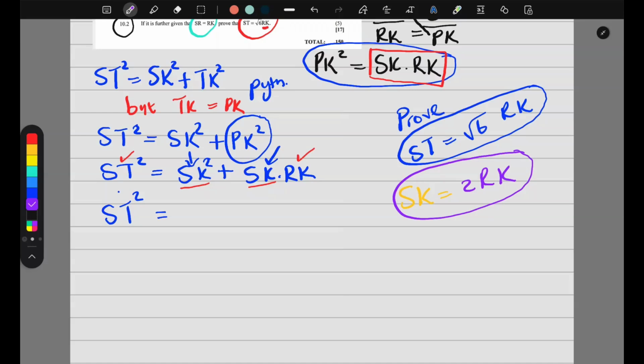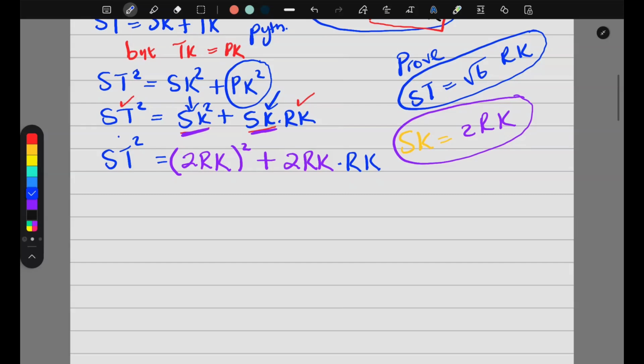Okay, so wherever there's an SK, I'm going to write 2RK. So here's an SK, so I'm going to write 2RK, but everything is still squared. Plus, here's another SK, so I'm going to write 2RK. And then there's the RK that was there. Now I'm just going to multiply this out. So this is ST squared. 2 squared is 4, and RK squared is RK squared.